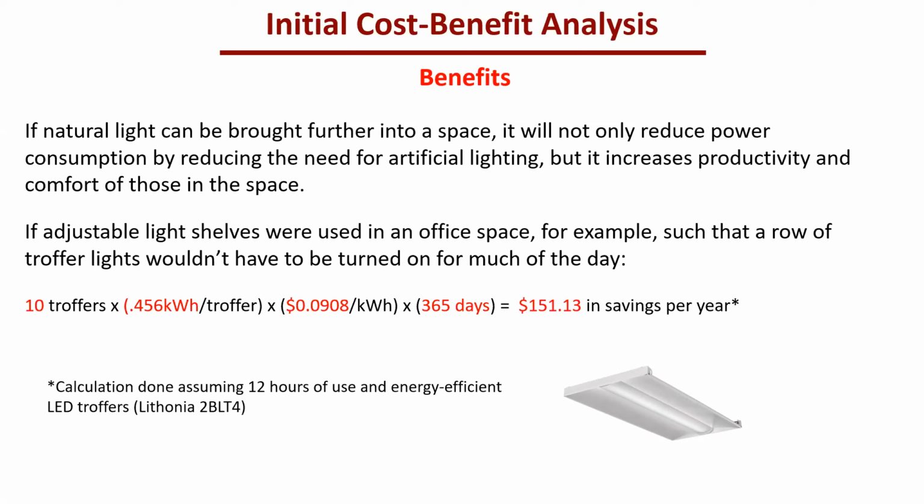The wattage of one of these troffers that I modeled is 38 watts, and the wattage of the bulb currently lighting the bedroom I'm sitting in is 40 watts. So it varies greatly depending on the type of space, but going in order from LED to fluorescent to incandescent, you're going to get the least to the most energy saving.